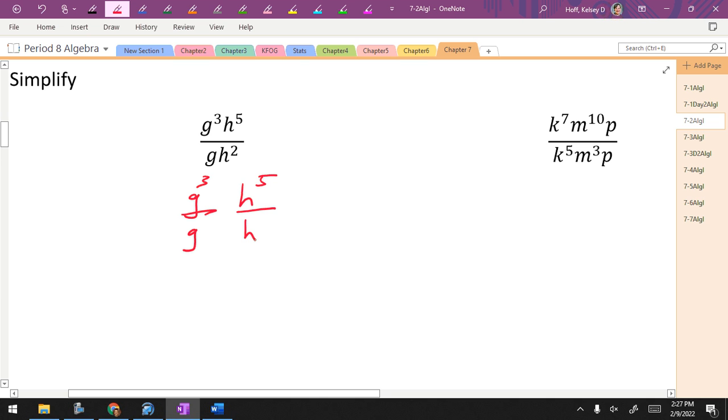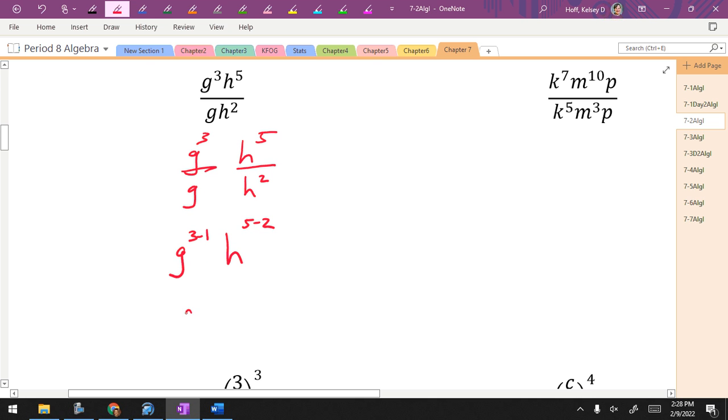H to the 5th divided by H squared in its own fraction. In the first fraction, what's my base? G, and I'm going to subtract my exponents. 3 minus 1. What's my second base? And what are my exponents? 5 minus 2. So my final answer is G to the 2nd, H to the 3rd.